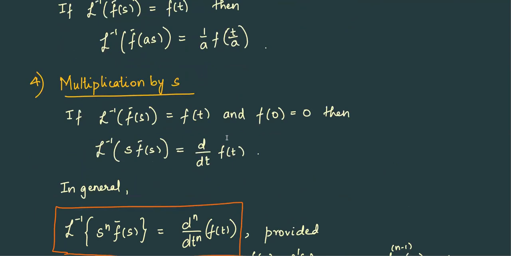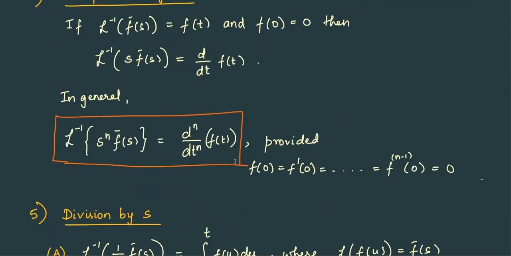Okay, multiplication by s means the derivative of the original function. Laplace inverse of f bar of s is f of t. So Laplace inverse of s times f bar of s is the first derivative of f of t.